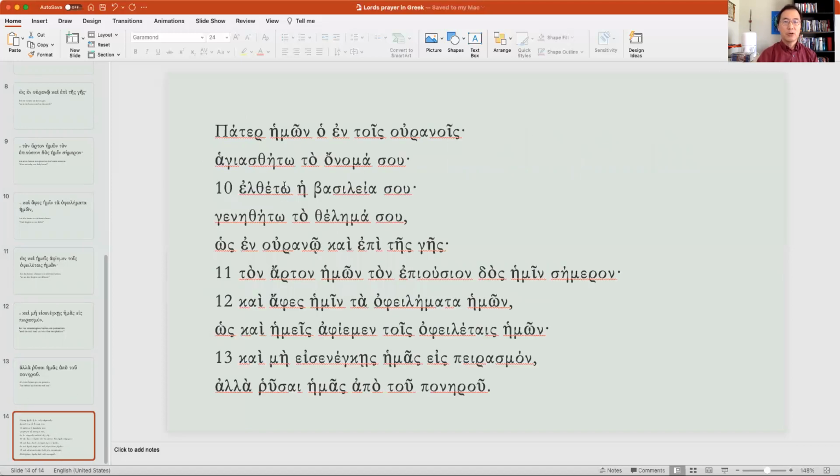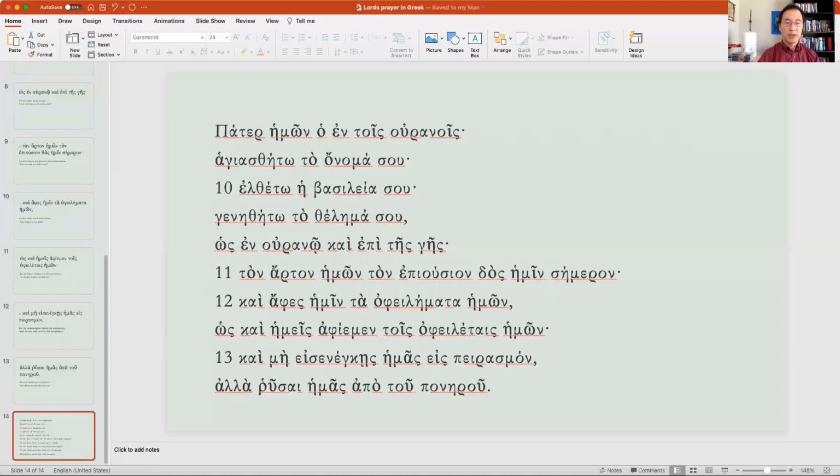The last screen is the whole thing together. Okay, the Lord's Prayer. Let me read it out for you. I will read it slowly. Pater hēmōn ho en tois ouranois. Hagiasthētō to onoma su. Elthetō hē basileia su. Genethetō to thelēma su. Hos en ouranō kai epi tēs gēs.